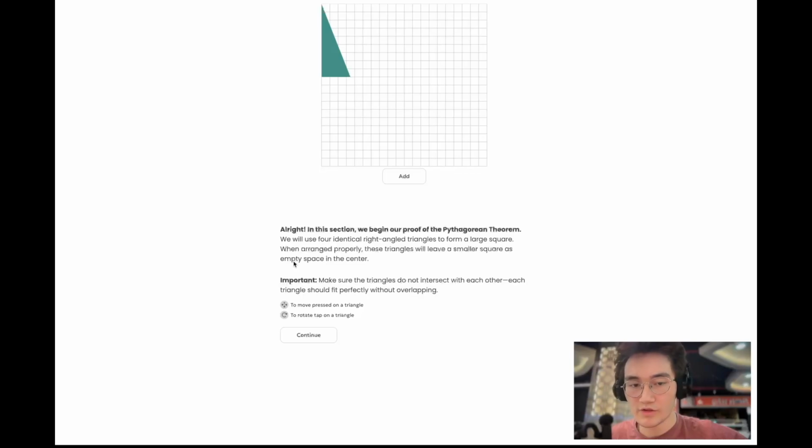Each triangle should fit perfectly without overlapping. Obviously I know how to do that because I was the one who created the entire lesson. There are two main ways how to do that.